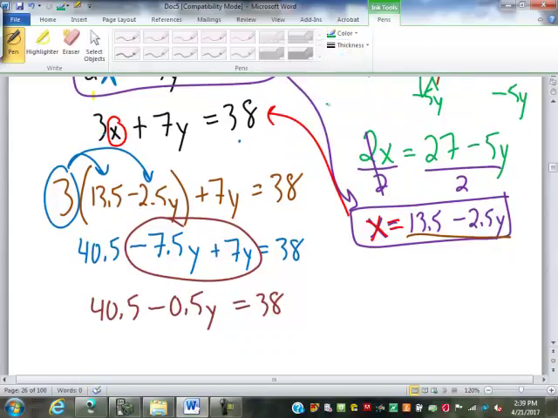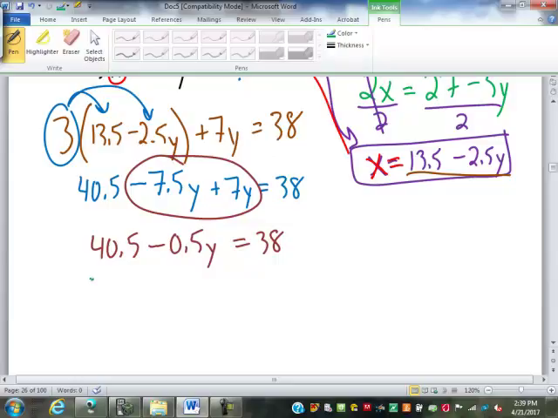Now what? I have to subtract the 40.5. So that leaves me with negative 0.5y equals 38 minus 40.5, which is negative 2.5.